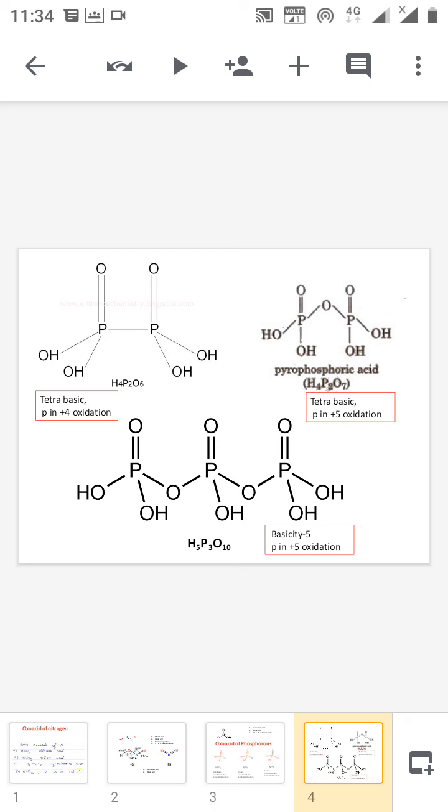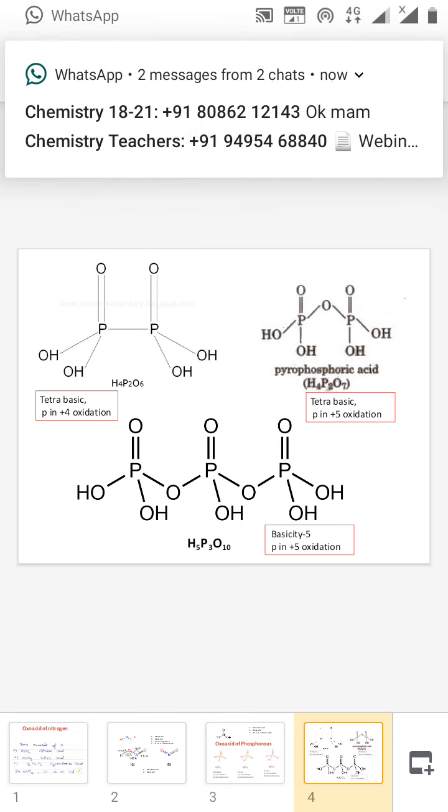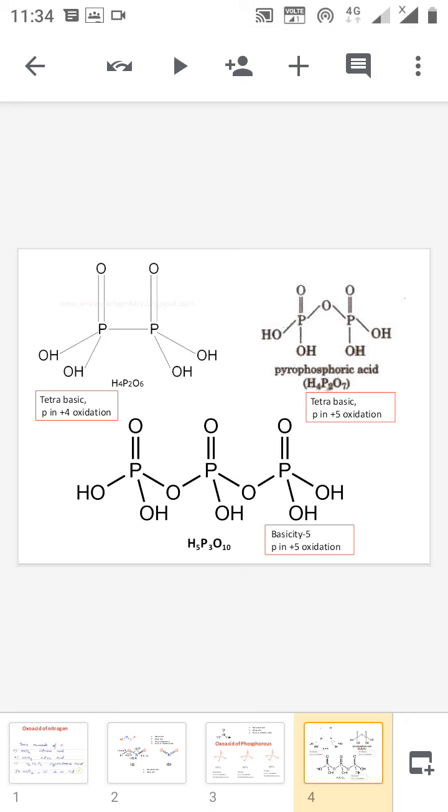There is a difference in the number of hydrogen, phosphorus and oxygen atoms. Here the basicity is 5 since it contains five ionizable OH groups, and phosphorus is in the +5 oxidation state.